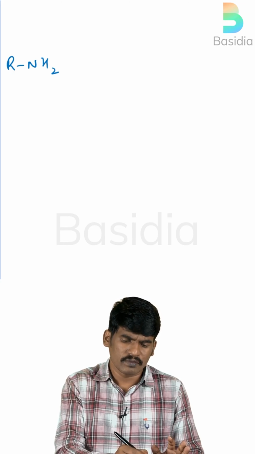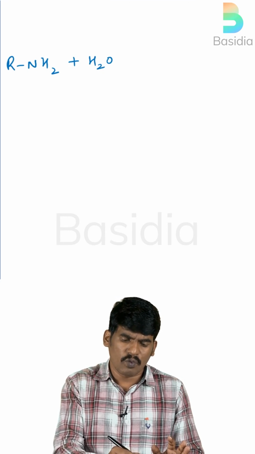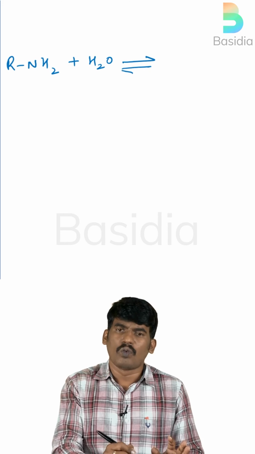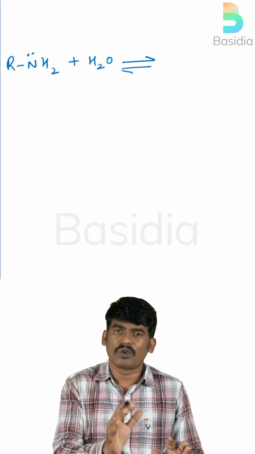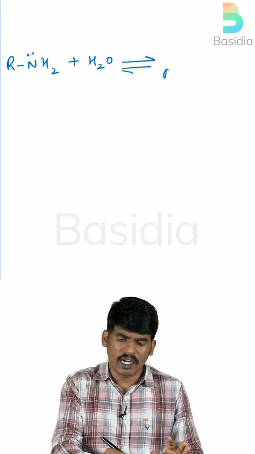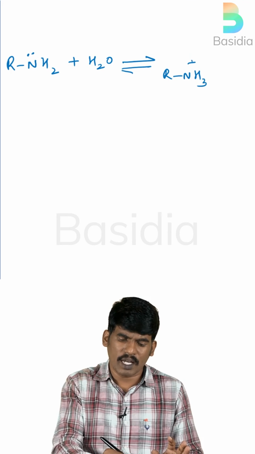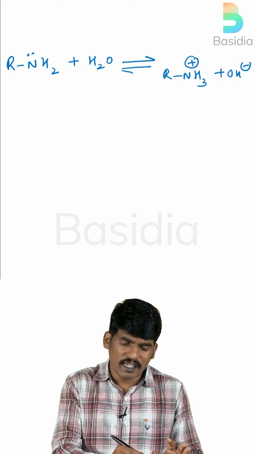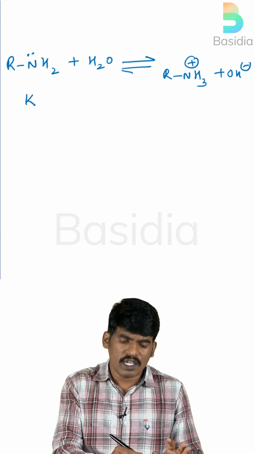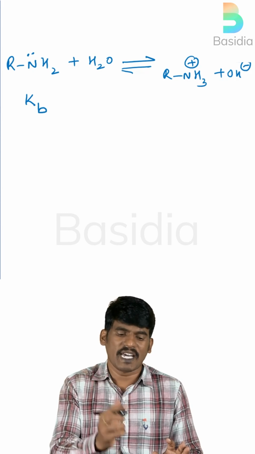If we talk about the basic nature of amines in detail, take RNH2 and dissolve it in water. Water can exist in the form of H+ and OH- ions. The H+ ion does not have an independent existence and forms RNH3+, and OH- ions are released. The dissociation constant of the base is called Kb.